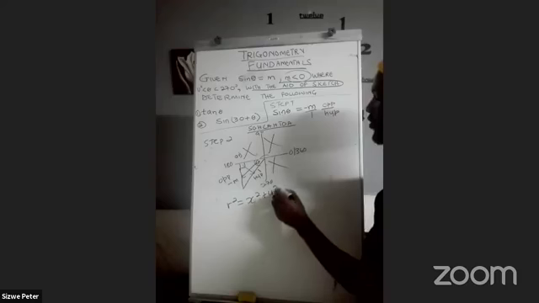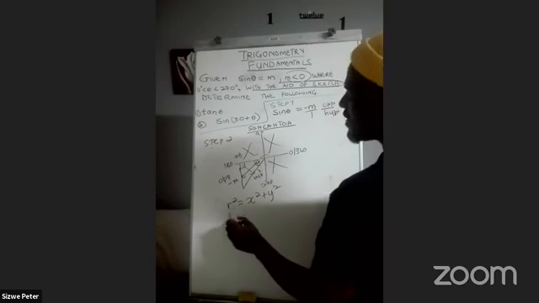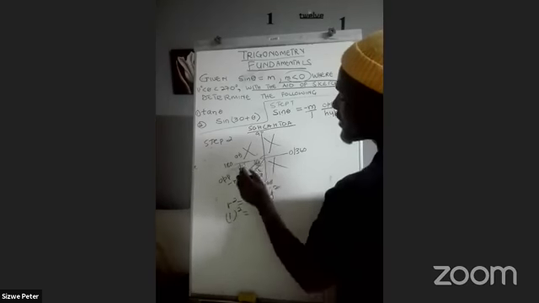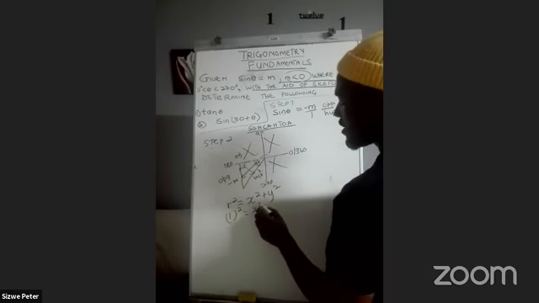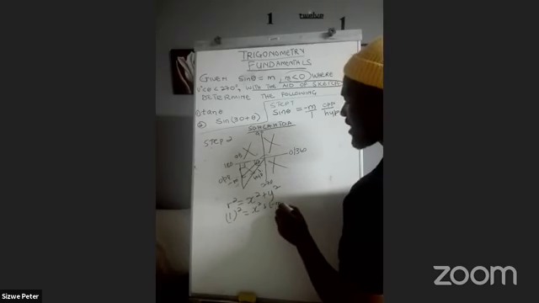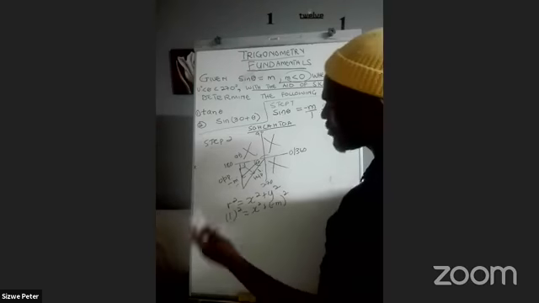Pythagoras. r squared is equal to x squared plus y squared. What is my radius? It's 1 squared. I need this x, so it's x squared. What is y? It's minus m all squared. 1 squared is 1 times 1, which is 1.